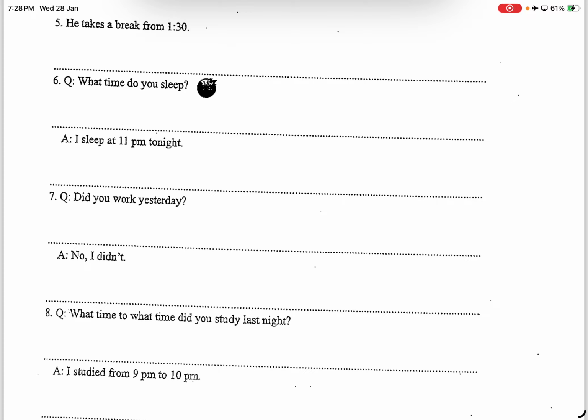Then 勉強しましたか? Right? Past tense. 勉強しました, because he's talking about last night. Okay, I repeat again. あなたは昨日の晩何時から何時まで勉強しましたか?